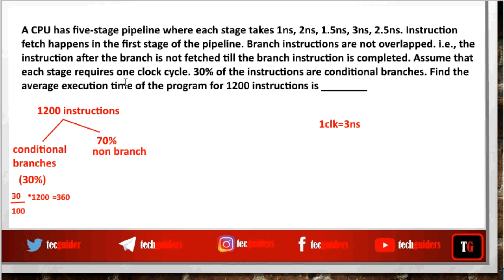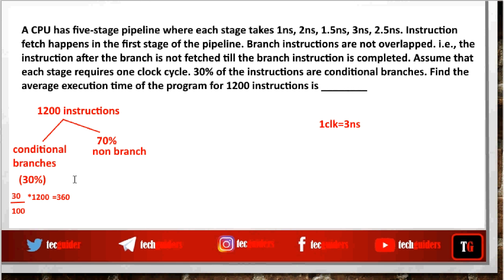Assume each stage requires one clock cycle. So once the pipe is filled, each instruction will be processed out in one clock cycle, but because of these conditional branches, some of the instructions may require extra clock cycles to complete.